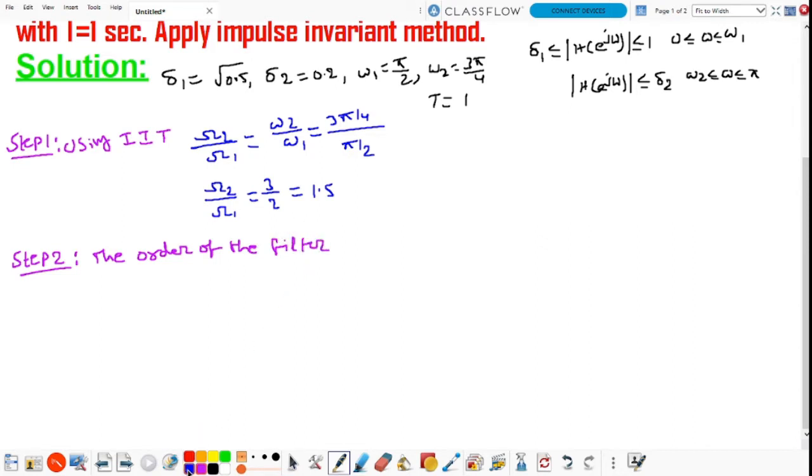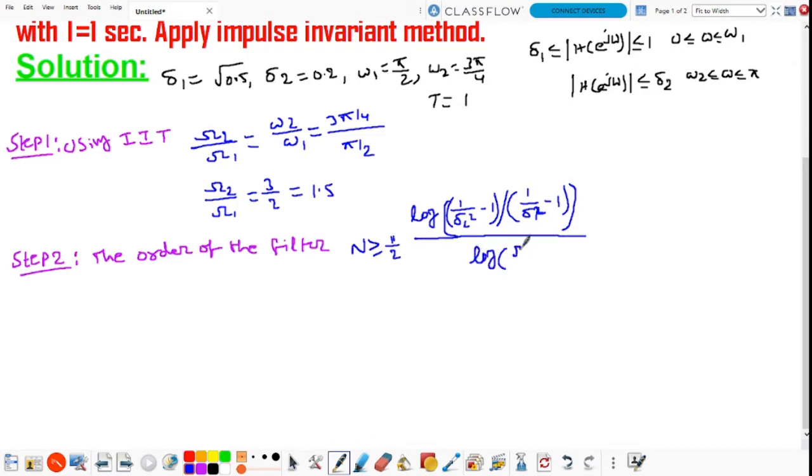So we know that the basic expression of the order of the filter is capital N greater than or equal to 1 by 2 times the logarithm of (1 by δ2 square minus 1) divided by (1 by δ1 square minus 1), divided by log of ω2 by ω1. So this is the equation of the order of the Butterworth filter.